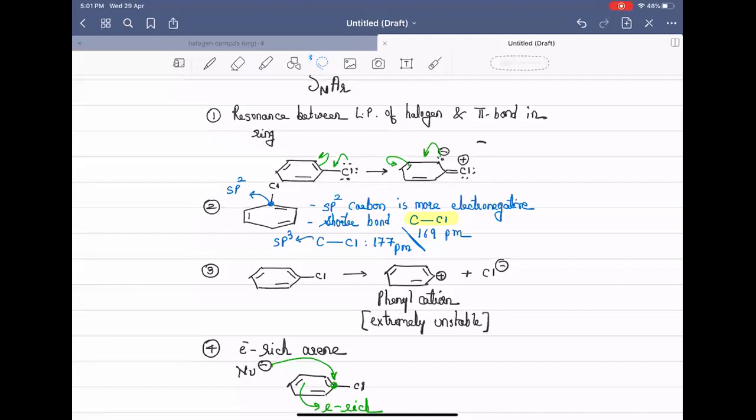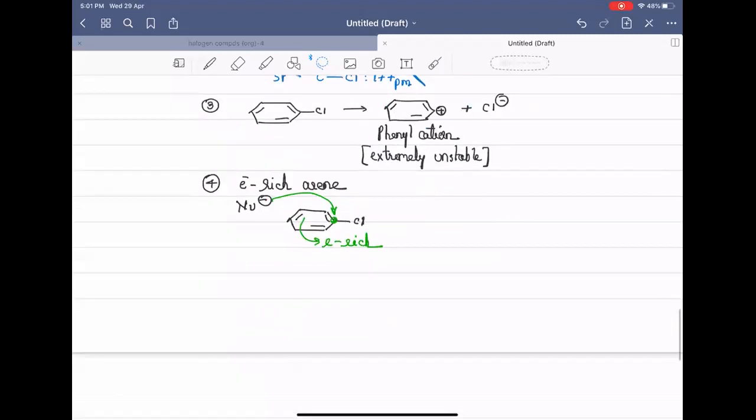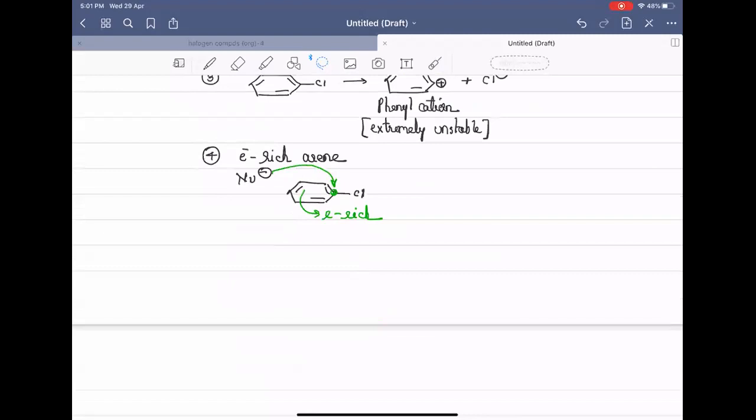The third reason being, if you try to perform SN1 on an aryl halide, the intermediate would be a phenyl cation, and the phenyl cation is extremely unstable and hence not formed. So obviously SN1 is out of the question. In an SN2 reaction, the nucleophile will have to pass over the electron-rich arene for a backside attack.